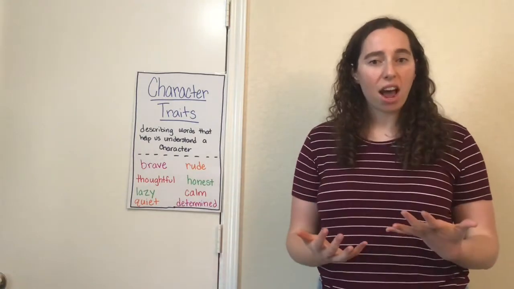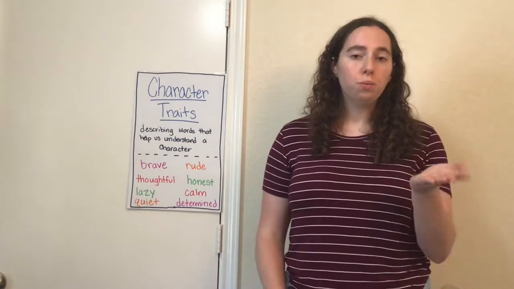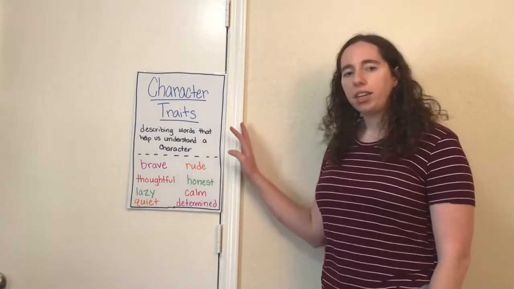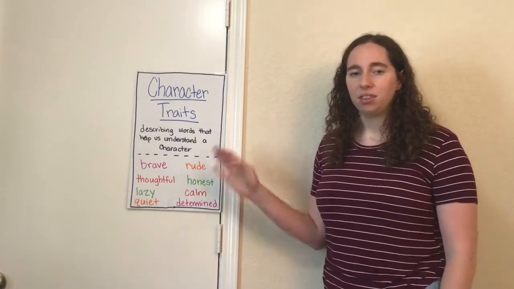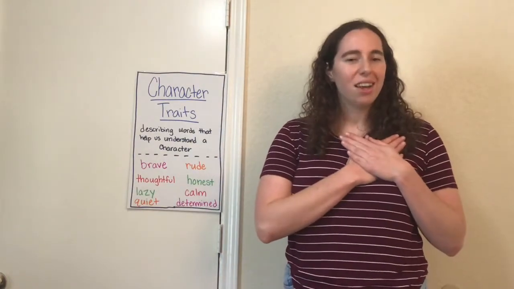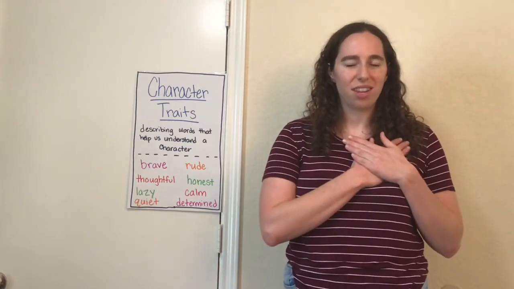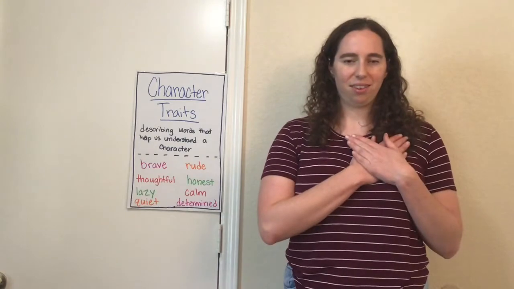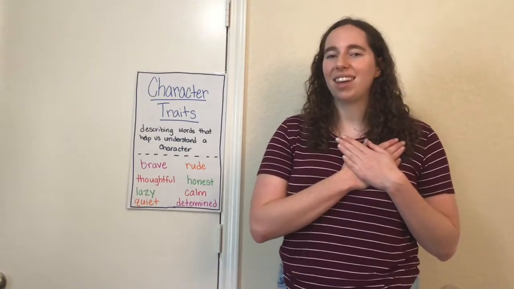Okay, and we figure that out by looking at what do they do, what do they say, and what do they think. So when you think of the word character trait, a way to memorize that is by going character trait. Okay, we're covering our heart because that's who the character truly is on the inside. So do this with me, ready? Character traits. All right, remember who they are on the inside.